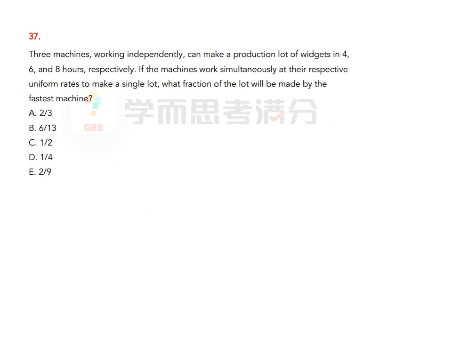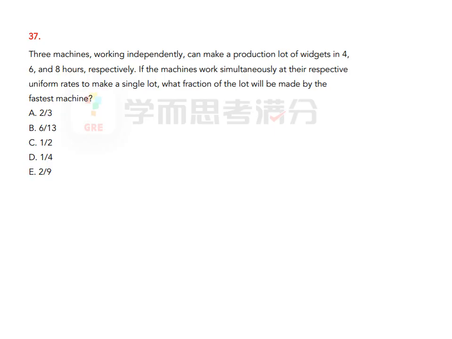So here we are given 3 machines. Okay, and their respective rates will be 1 by 4, 1 by 6 and 1 by 8. And the question is, if the machines work simultaneously at their respective uniform rates to make a single lot, what fraction of the lot will be made by the fastest machine?